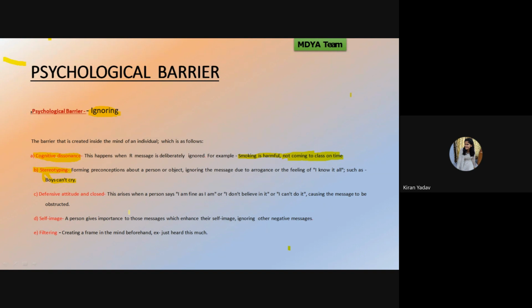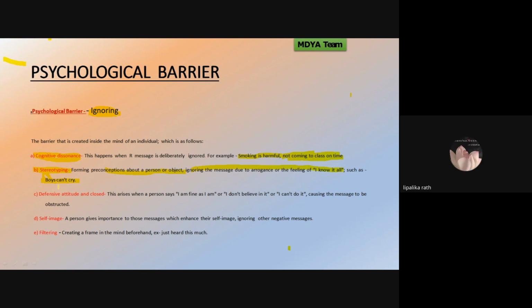So this will also be a barrier. It is forming preconceptions about a person or object, ignoring the message due to arrogance or the feeling of I know it all, such as boys can't cry. So is it understood now?